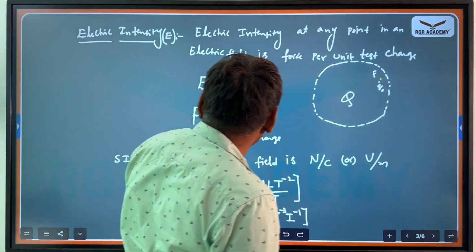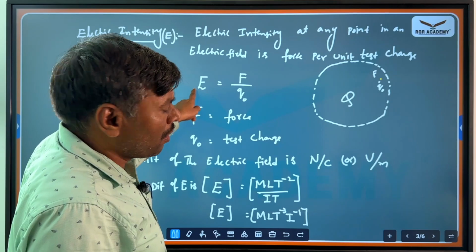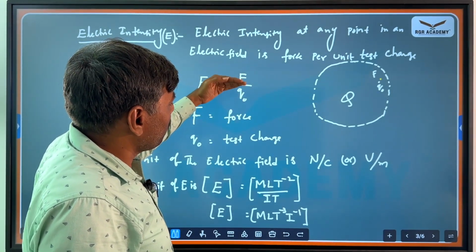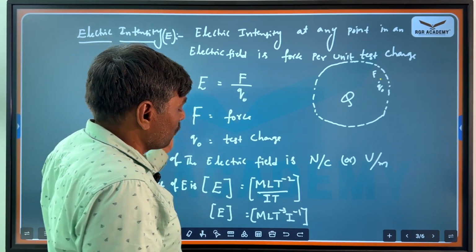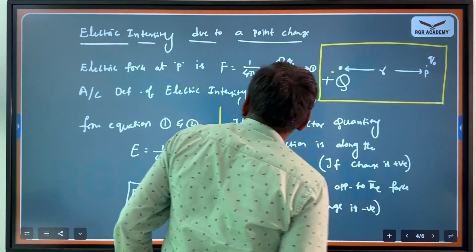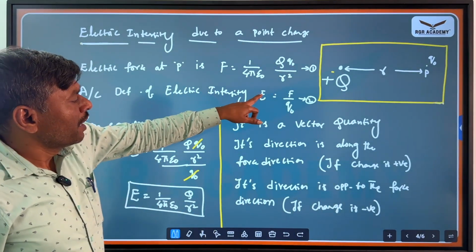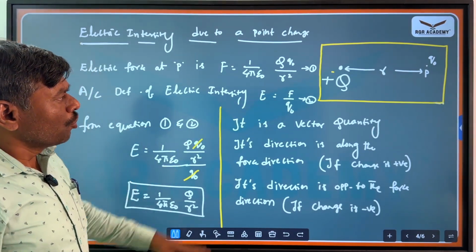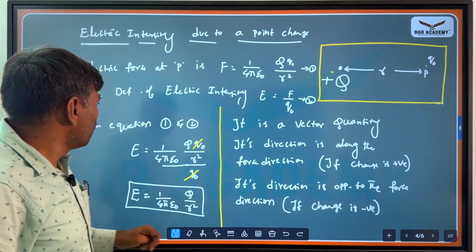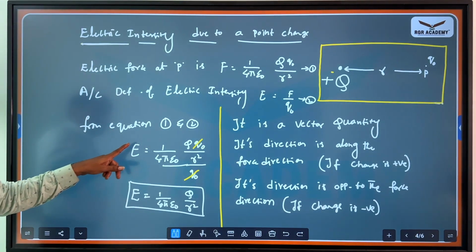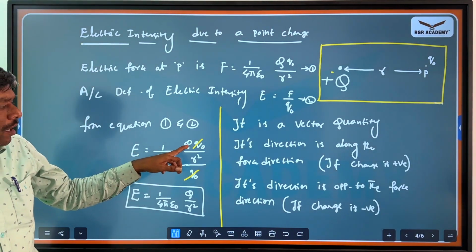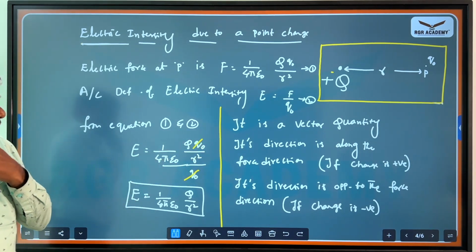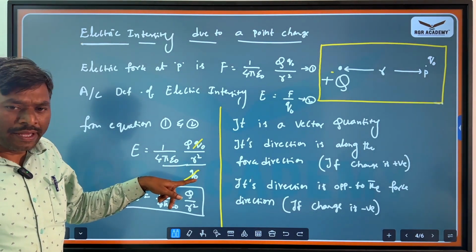Electric intensity is the force per unit charge, or force per unit test charge, that we are using here. So electric intensity E is equal to force per unit test charge. Using these two equations, we may write E is equal to 1 by 4 pi epsilon naught Q Q naught by R square divided by Q naught.